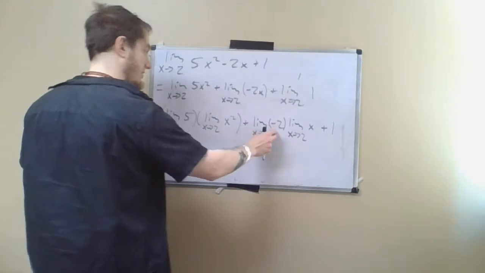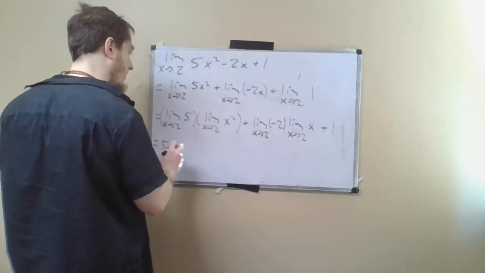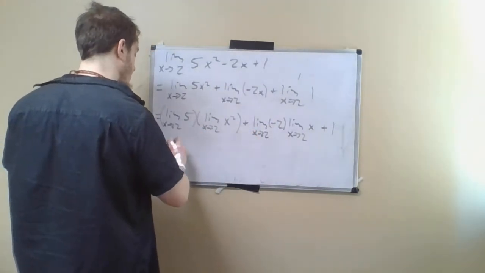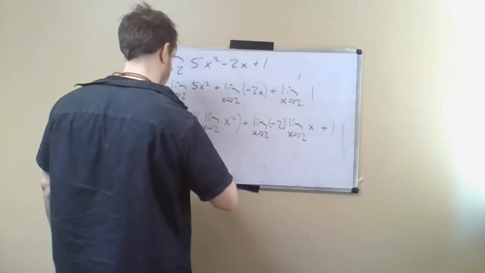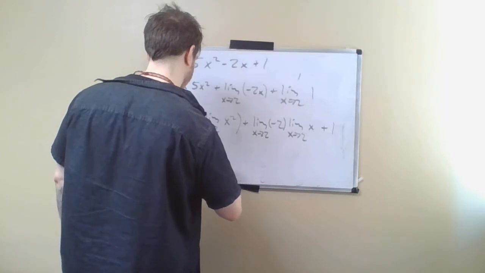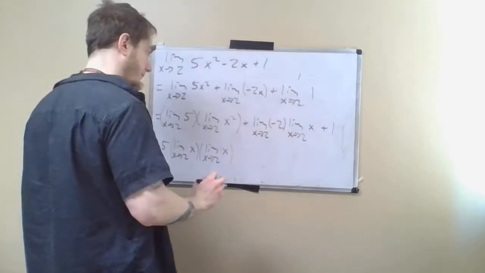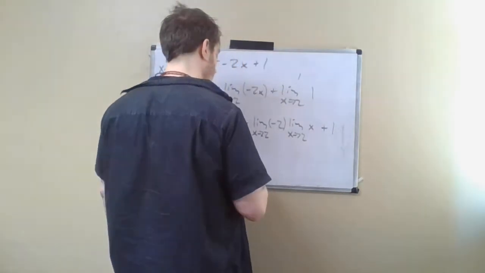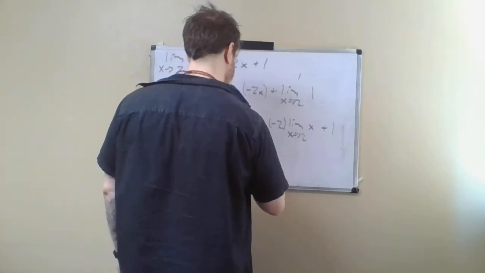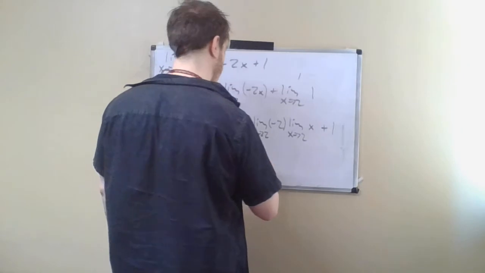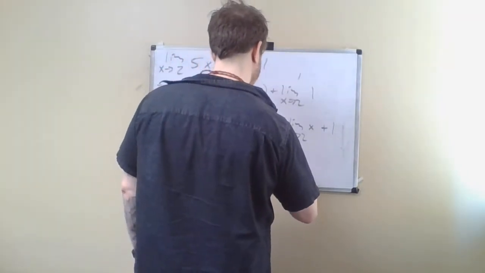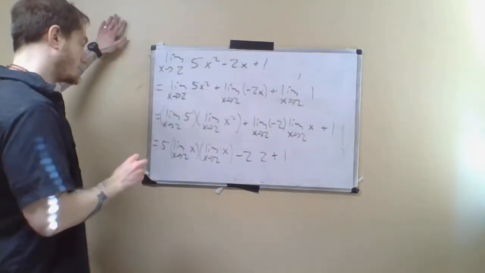Now, this is a constant, so this just becomes 5, and this is going to be limit x approaches 2 of x times limit x approaches 2 of x. Then this becomes a negative 2, and the limit as x approaches 2 of x is just going to be 2 itself. And then we have plus 1.